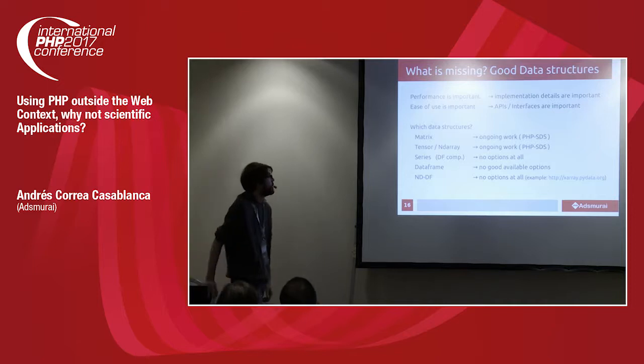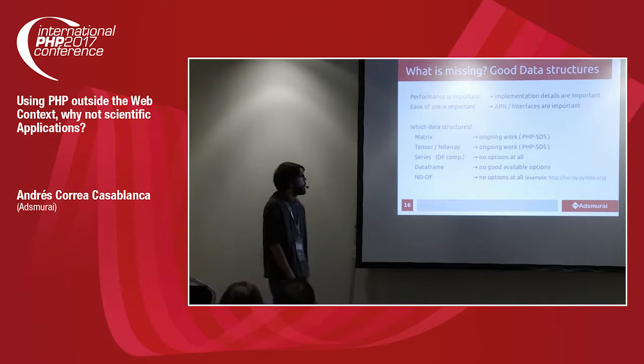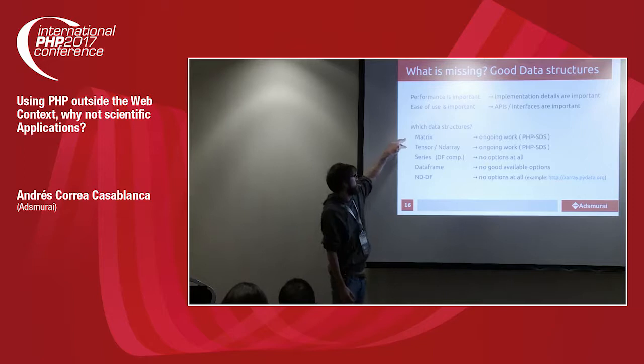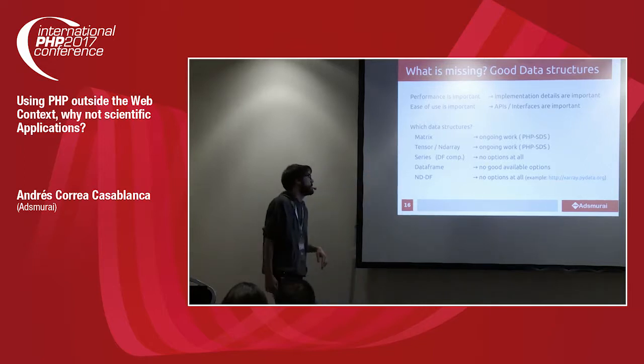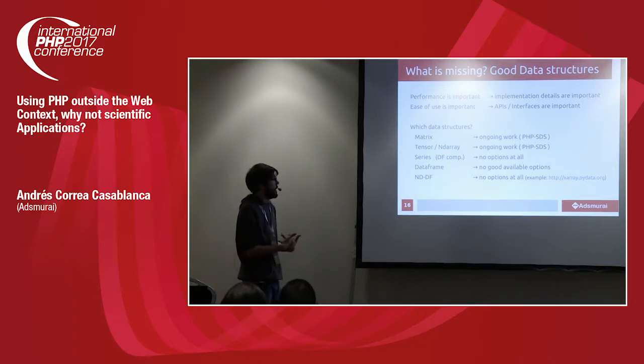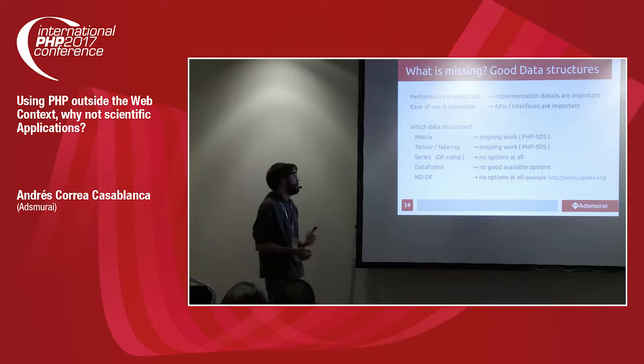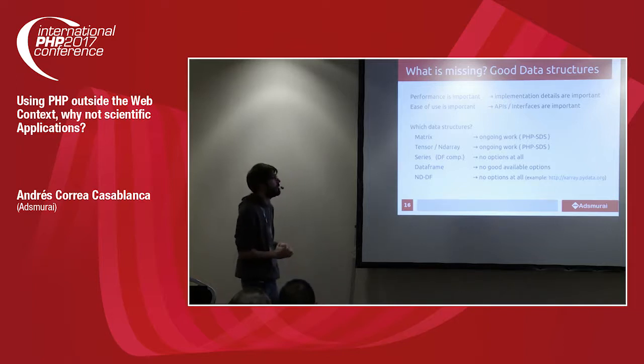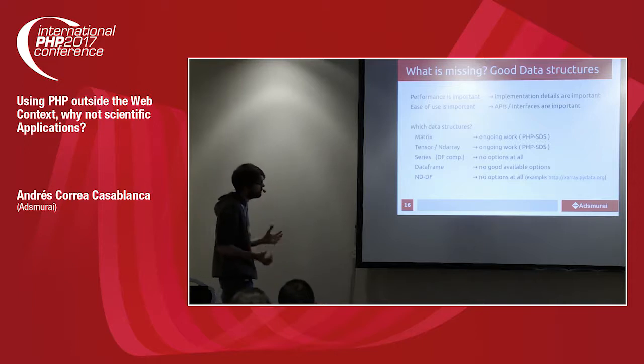Well, what we don't have? We don't have good data structures. As I said, I started to implement these two data structures, matrix and tensors. But it's an ongoing work. The main issue is documentation, because they are usable. Matrices maybe not so, because we don't have the inverse operator, but it could be used.